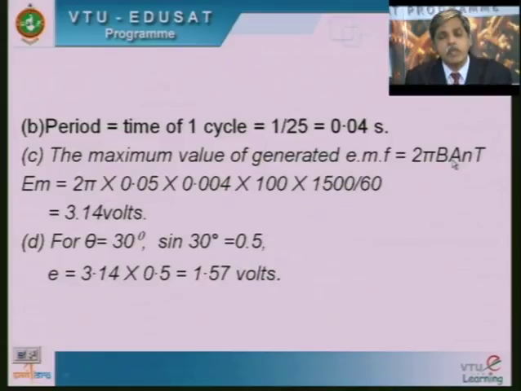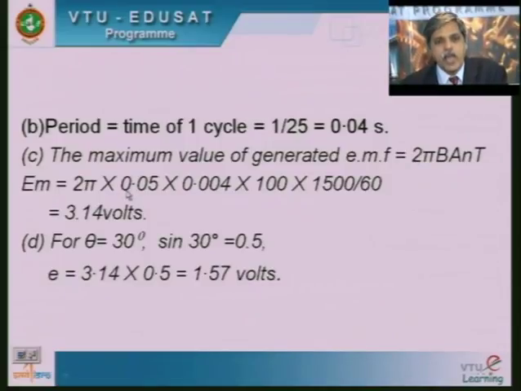A should also be in meter square, so that I will be getting Webers per meter square multiplied by meter square, so the meters cancel. Then I have the total number of turns, and N is the number of revolutions per second. So I need to substitute the values of these parameters in this equation such that the dimension of the equation comes to be volts only.